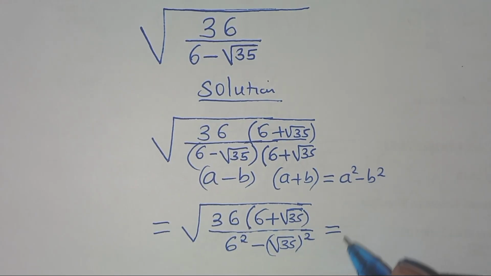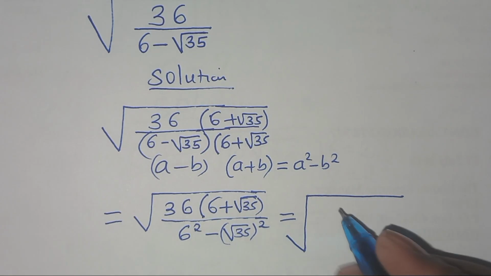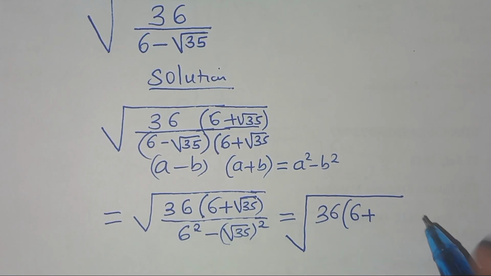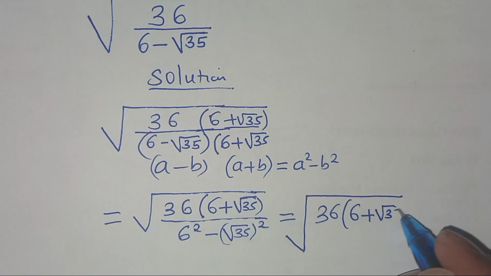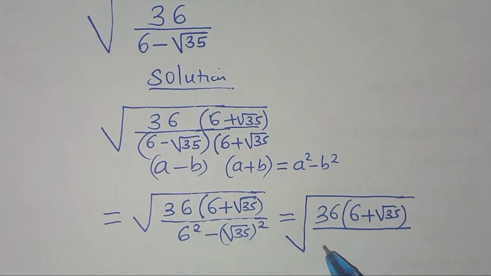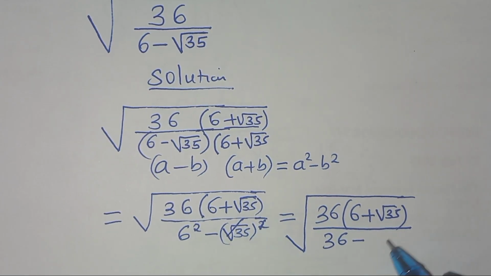So this implies that we have the square root of 36 multiplying by 6 plus square root of 35 divided by 6 squared, this is 36, subtract square root of 35 squared, so we eliminate the square root sign, so it's 36 minus 35.